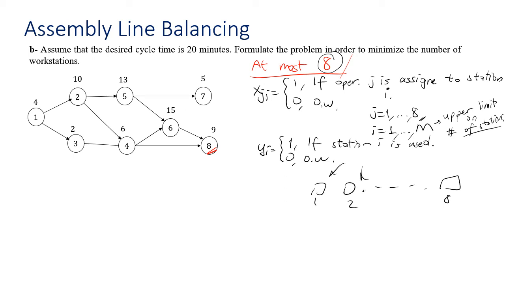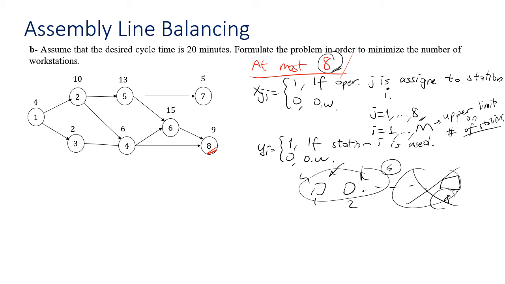We will try to assign these tasks to these workstations. If we assign a task to each one of these workstations, it means that we are using all of them and the number of workstations will be 8. But if we assign these tasks to a subset of these, for example, only 4 of them, and do not use the remaining 4 at all, do not assign anything there, then the number of workstations will be 4.